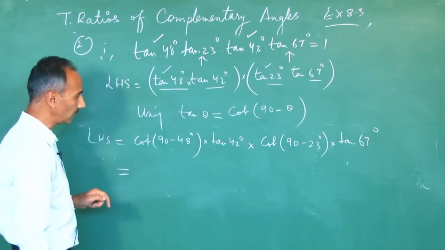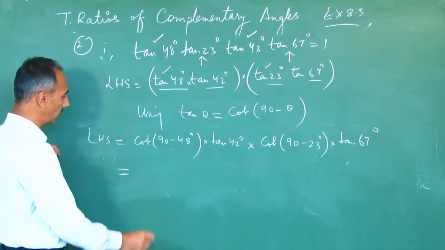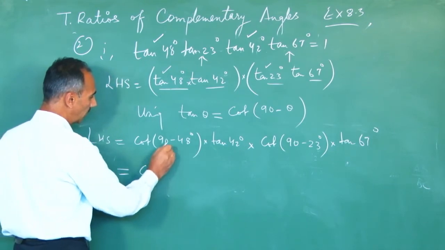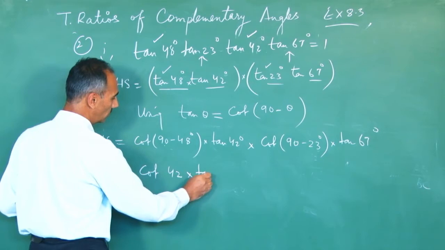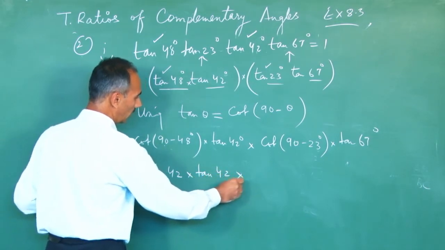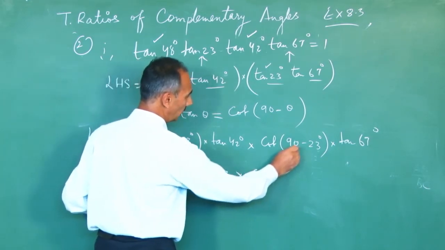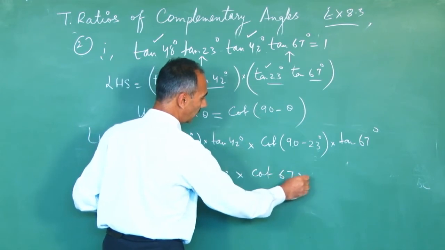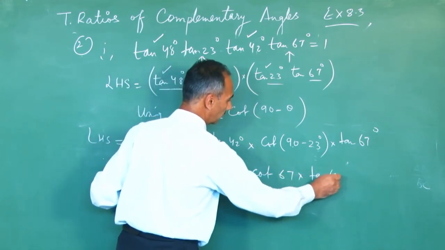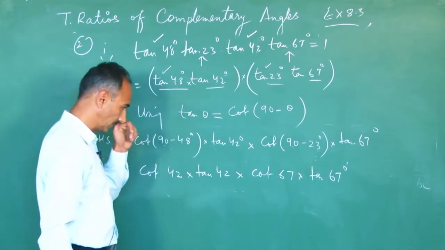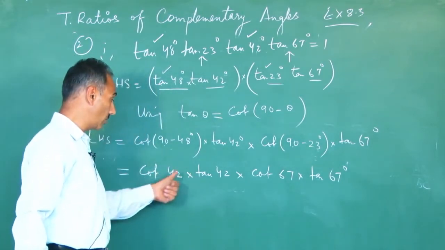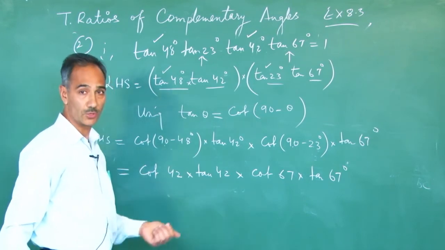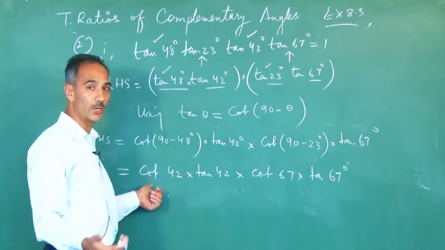Now, let's take it further. So this will be cot of 90 minus 48, which is 42, into tan of 42. This will be cot of 90 minus 23, which is 67, into tan 67. Now, if you recollect, tan and cot are reciprocals of each other, meaning cot is 1 upon tan.